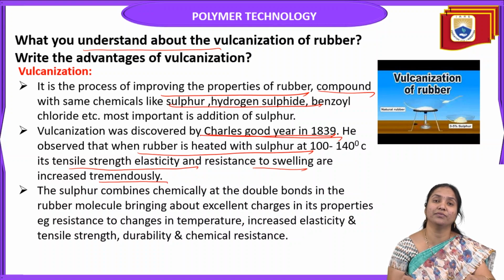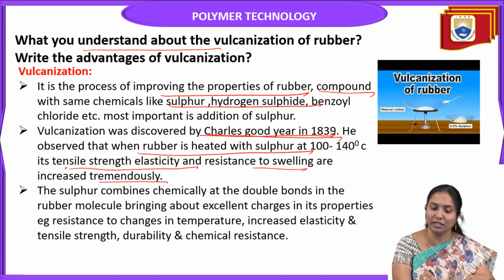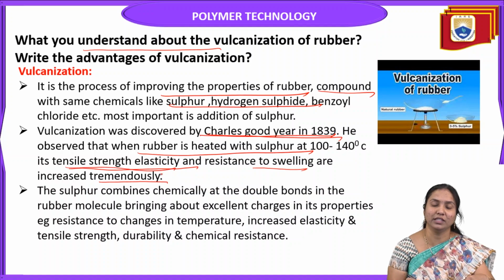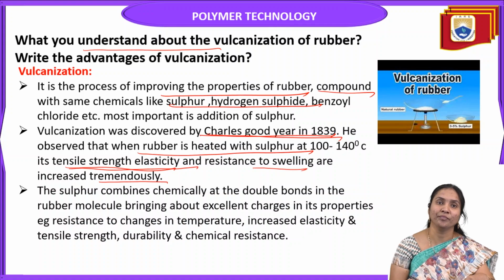Here raw rubber is heated with sulfur at 100 to 140 degrees centigrade temperature, which improves the properties of rubber. Such properties are tensile strength, elasticity and resistance to swelling, which increase tremendously.